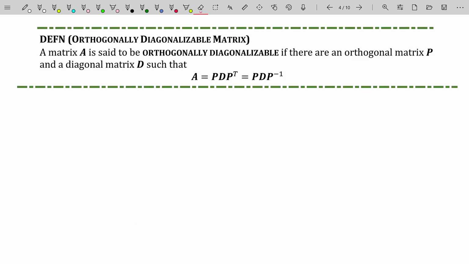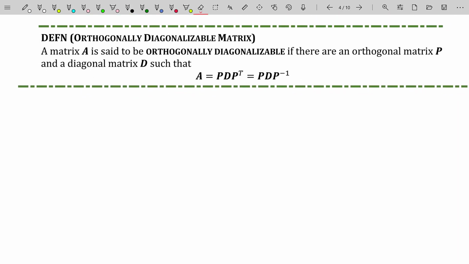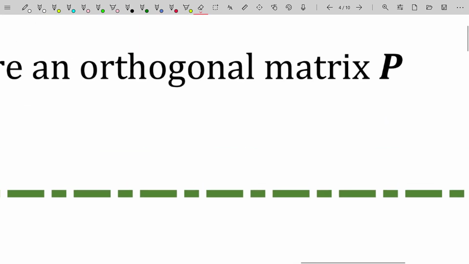Now let's talk about what it means to be orthogonally diagonalizable. Well, that's hard for me to say, so I'll try not to say it too much, but a matrix A is said to be orthogonally diagonalizable if there is an orthogonal matrix P. Remember, an orthogonal matrix is a matrix whose columns are not only orthogonal, they're orthonormal actually.